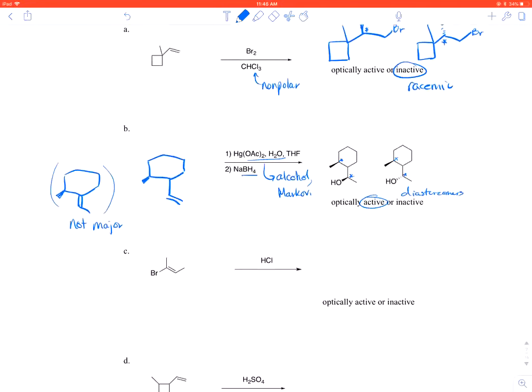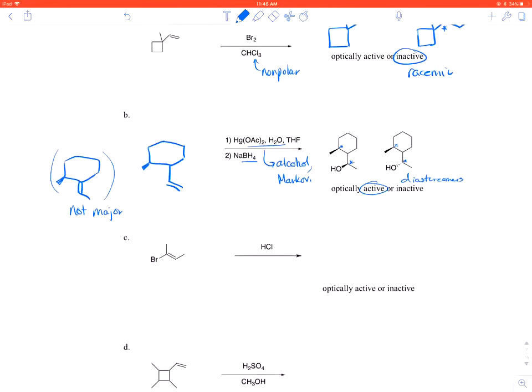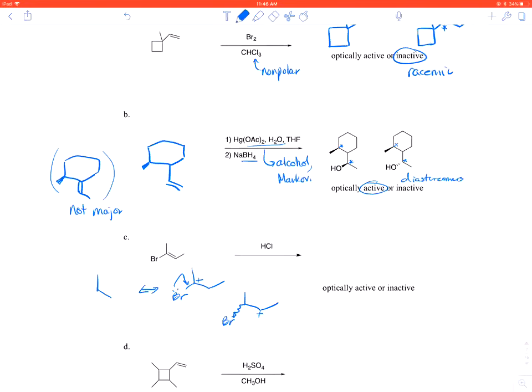Okay, so part C, treating this alkene with HCl, we have the possibility of forming two carbocations, this one or this one. And of course, that will cause this stereocenter to be mixed here once the H adds to that. Because this one is resonance stabilized, we will prefer that.